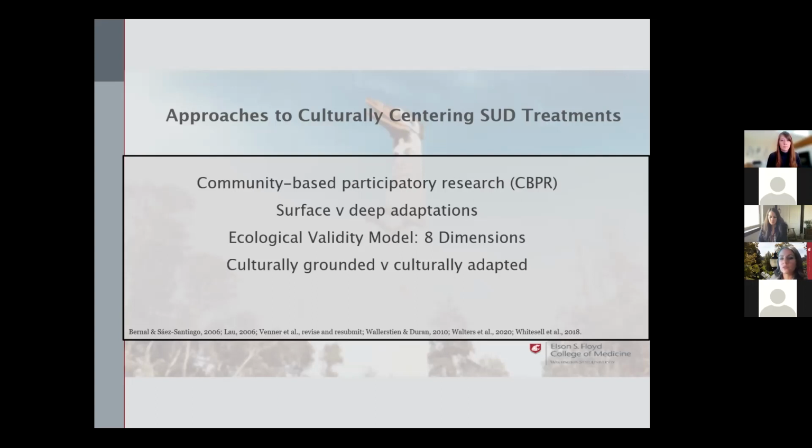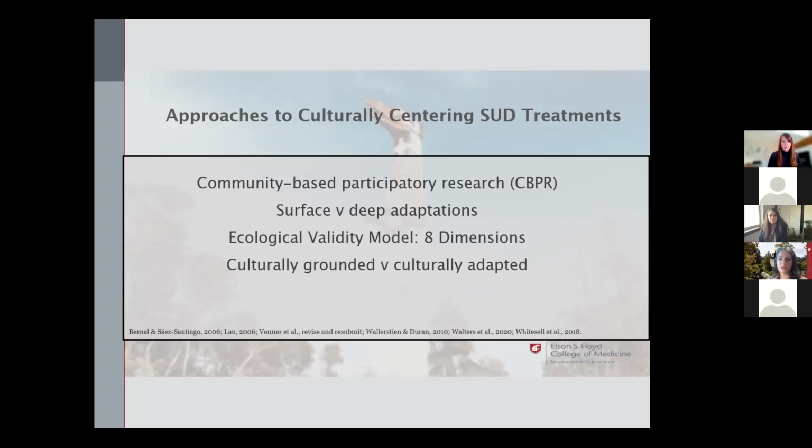In terms of surface adaptations, I'm thinking more of when you are maybe changing the treatment materials or the aesthetic or the branding around the intervention. It can also be deeper. So maybe this is when you're including the key ingredients, but then also integrating more of the deeper traditions or values of the community.